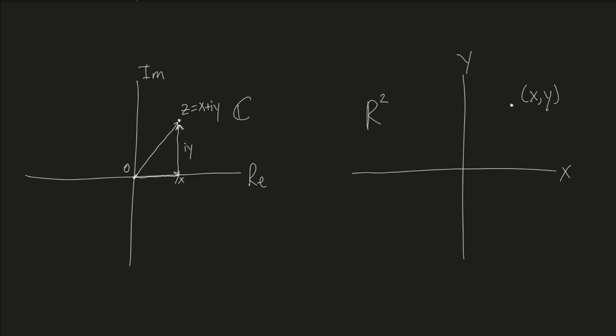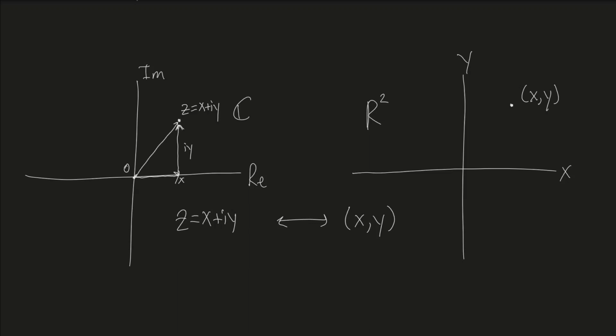And so it's not crazy to associate z, which is x plus iy, with xy, right? x would be the real part and y would be the imaginary part. But this is an ordered pair of real numbers. And so we can represent this in our space R2. So that would be this point here, which has an x coordinate of x and a y coordinate of y.